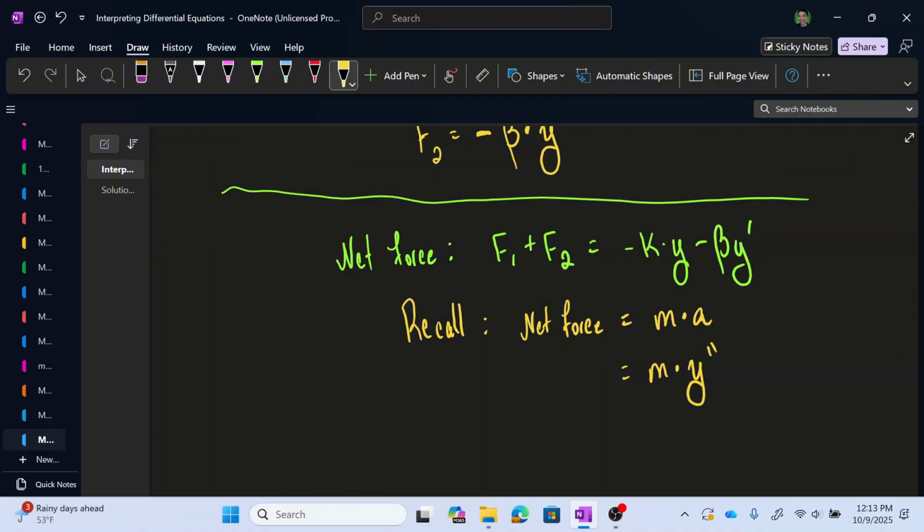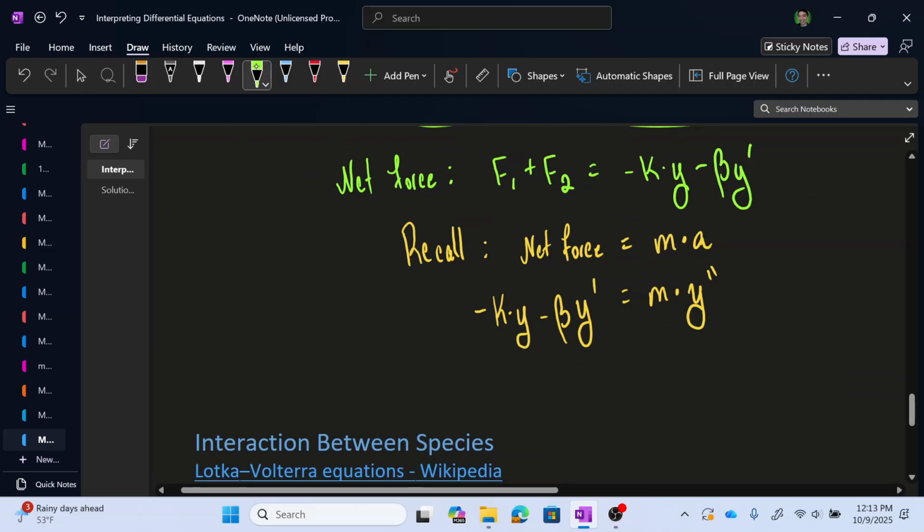Since position is being called y, I can go into that famous equation and replace the acceleration with y double prime. And I've just found that in the case of an object attached to the spring, the net force is equivalent to negative k times y minus beta times y prime. So this differential equation is the one that corresponds to an object that is attached to a spring.